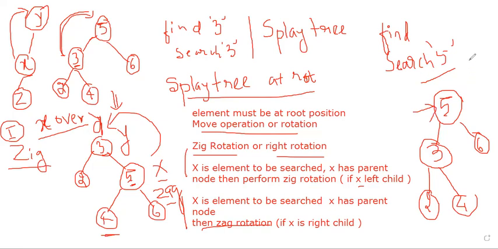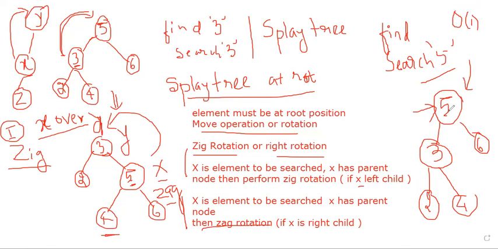Now, when you search for the element 5, obviously the time complexity for searching the element is 1, because the element is present at the root node.